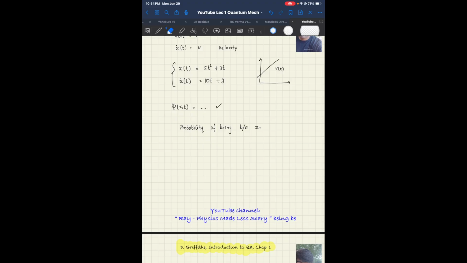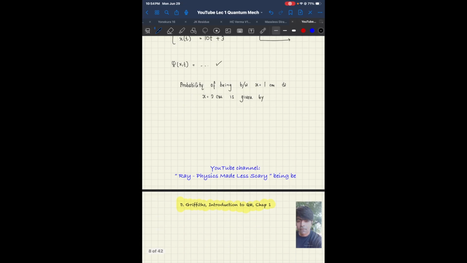Let's make it simple, you guys are just high school students, right? So between x equal to 1 centimeter and x equal to 2 centimeters, it is given by, this is where psi comes in, this is why you solve for psi, this integral: the integral from x equal to 1 to x equal to 2 centimeters of dx times the modulus squared of psi of x and t.